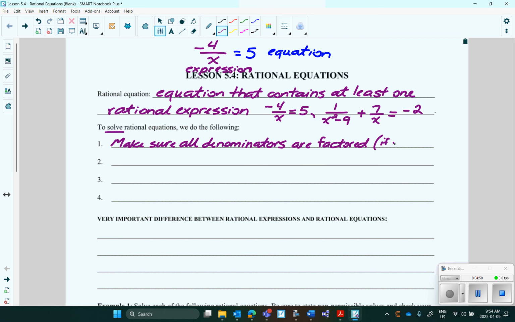Then what we're going to have to do, just like we did with a lot of rational expressions, is state all non-permissible values, or NPVs.